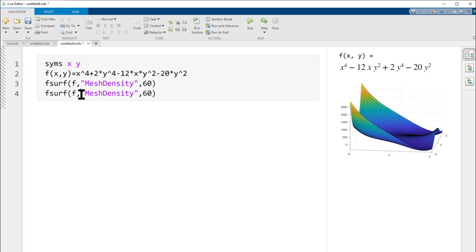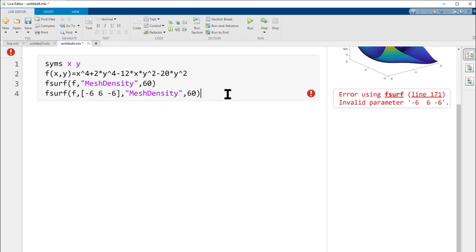We may do this, add in just here, say -6, -6, and then keep everything else the same. Okay, let's see what kind of graph we get now.